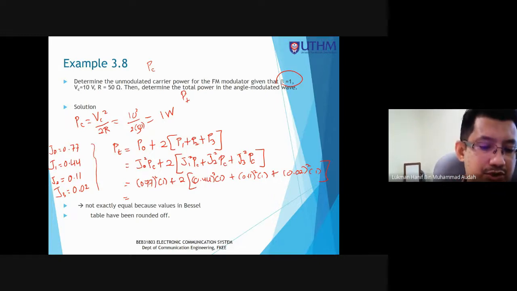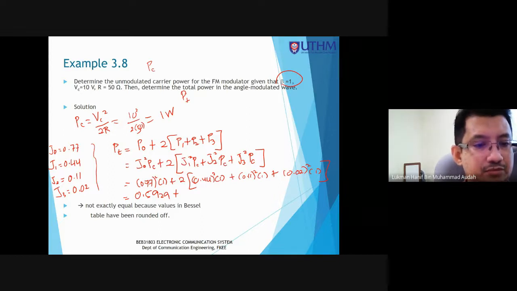0.77 squared, you will get 0.5929. Then 0.44 squared plus 0.11 squared plus 0.02 squared, multiplied with 2, gives 0.4122.